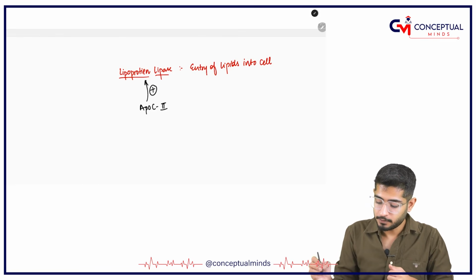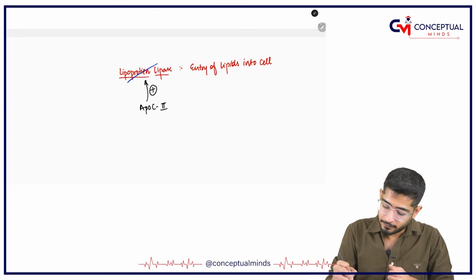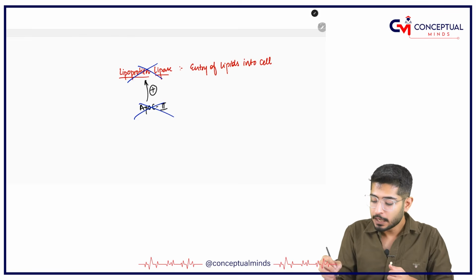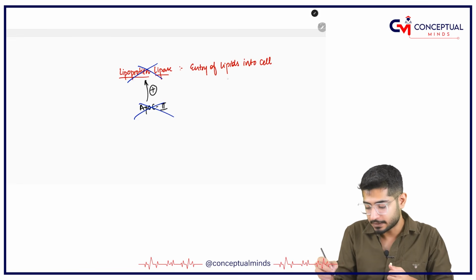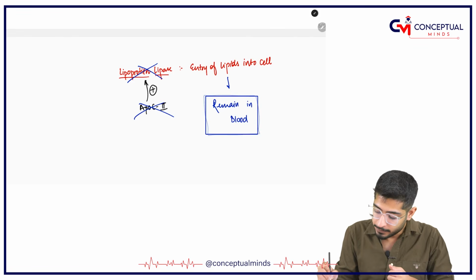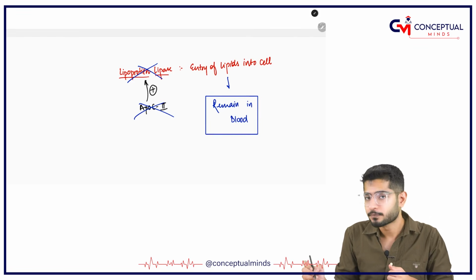So if you don't have a functional lipoprotein lipase, or if the ApoC2 is not functioning, the lipids will not enter into the cell and they will remain in blood. Because they are remaining in blood, this causes what?